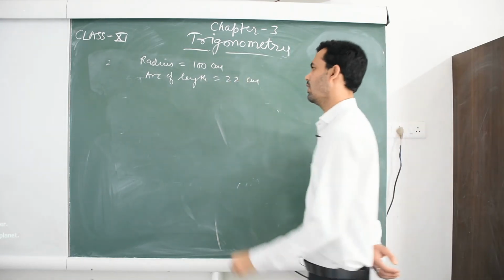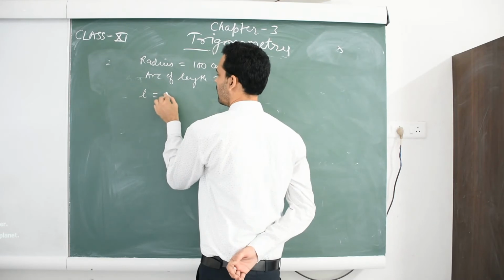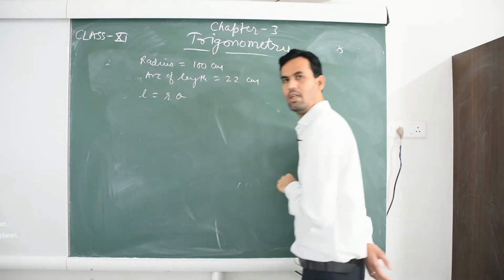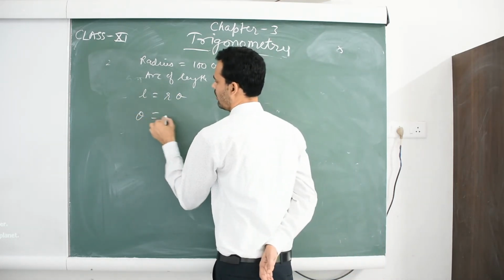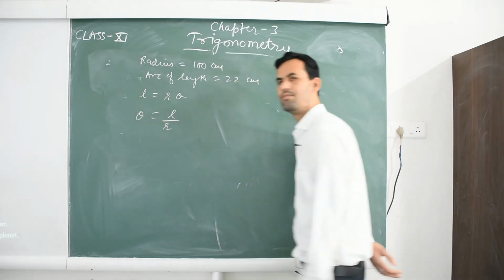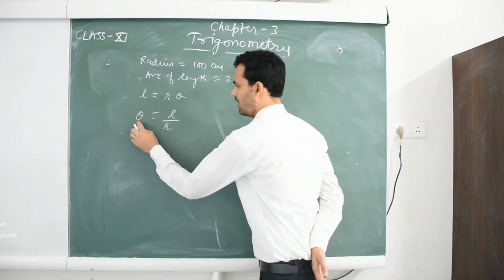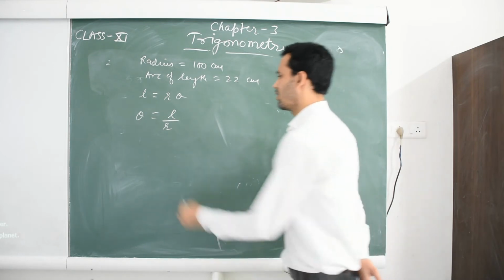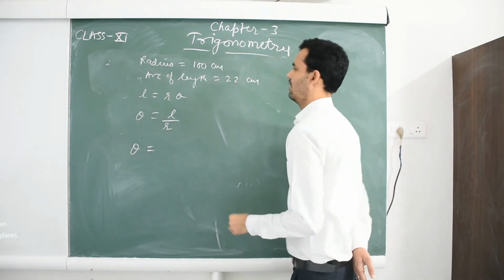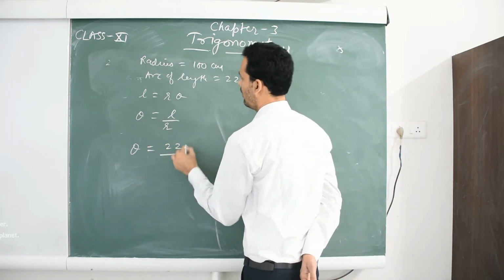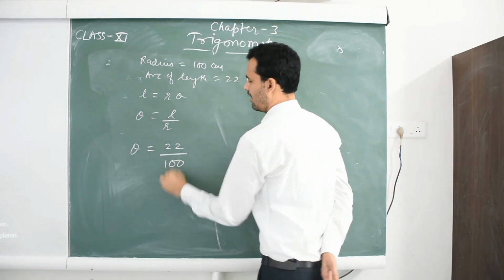We know the formula L equals R theta, or theta equals L upon R. So we have to find this value of angle theta. So theta is equal to L, L means 22, upon radius is 100.